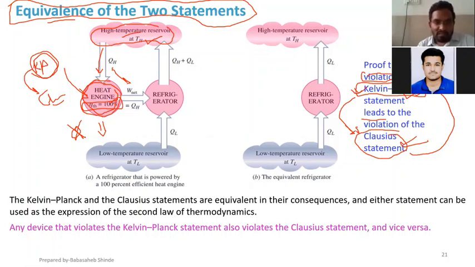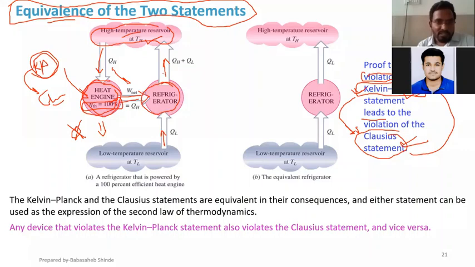Now there is a refrigerator that is transferring heat from the low temperature reservoir to the high temperature reservoir, and for its work we are providing the work output of that heat engine. So its output is directly provided to the refrigerator.